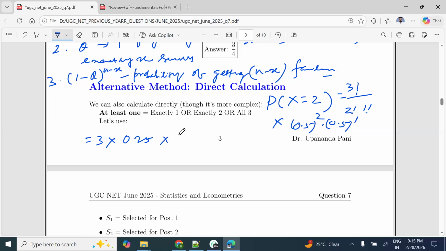Then into 0.5, you multiply. How much is it coming? The final answer is 0.375.